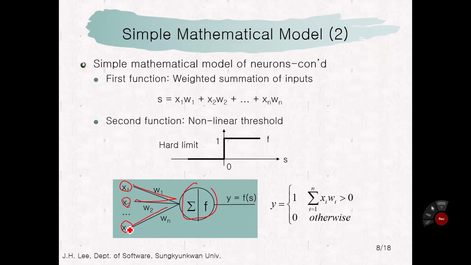Why does it have this structure? It's simple, because our neurons, our brain, look like this, right? It has this kind of structure. So we just try to copy the biological neurons into the artificial neuron. That's the reason why we have this kind of structure.